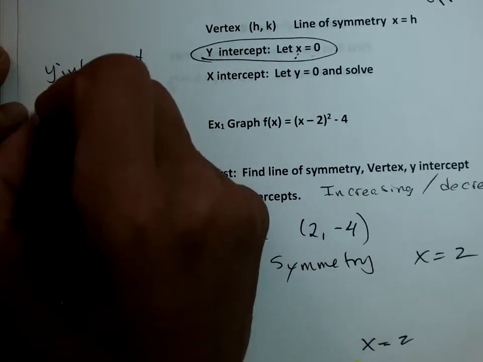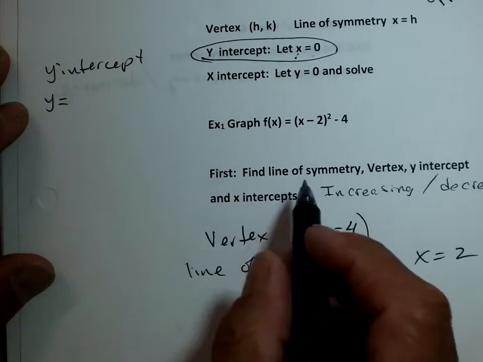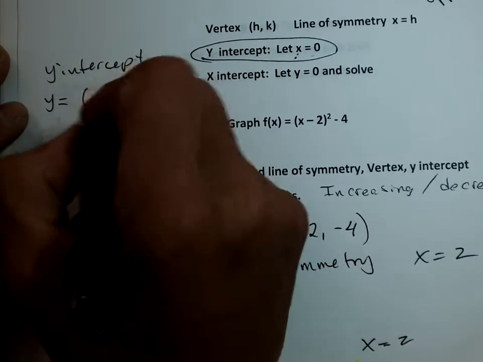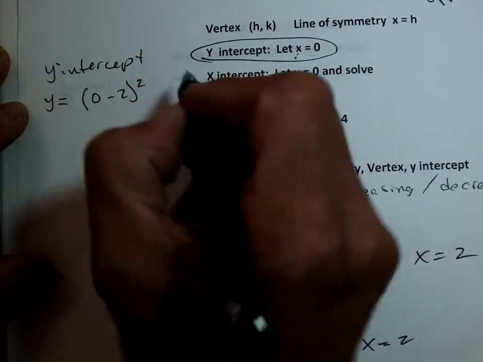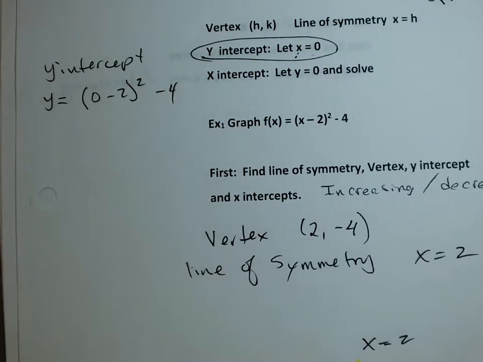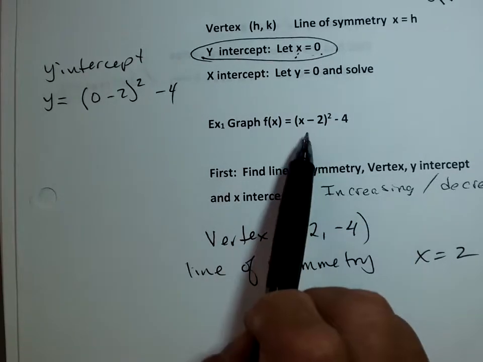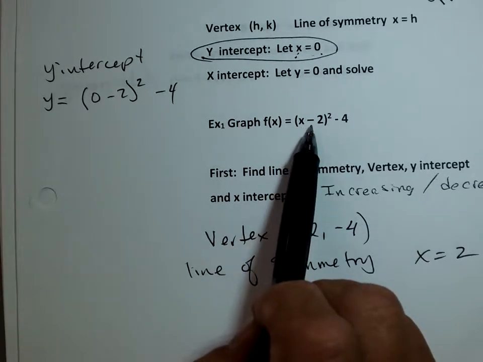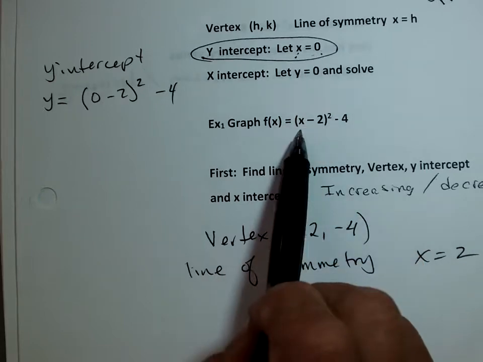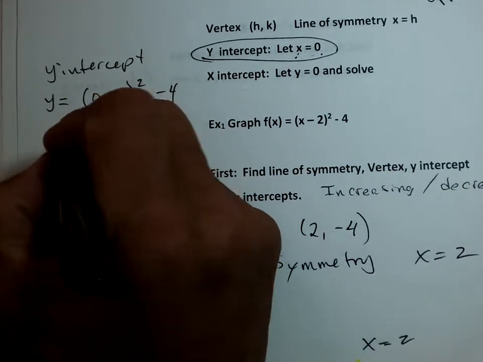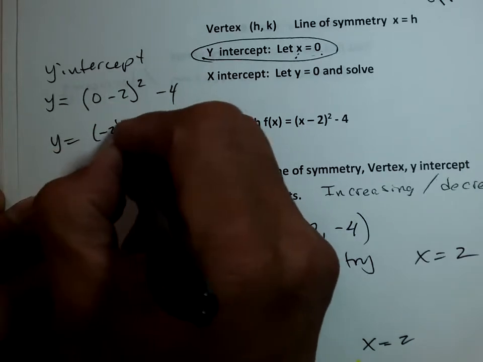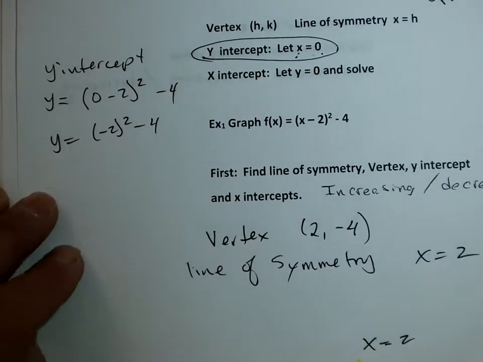So I'm going to go, okay, y equals (0 minus 2) squared minus 4. Okay, so all I did was put 0 in for the x. You guys see what I did? I said let x equal 0, so I put 0 right here. Let's simplify it. Well, that's pretty easy. Y equals negative 2 squared minus 4, because 0 minus 2 is negative 2.